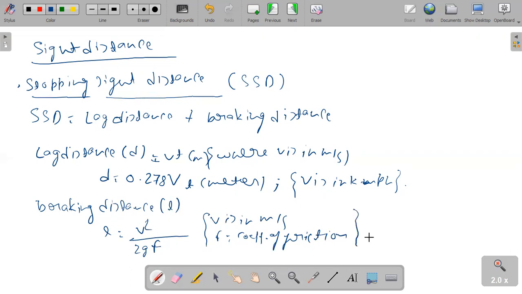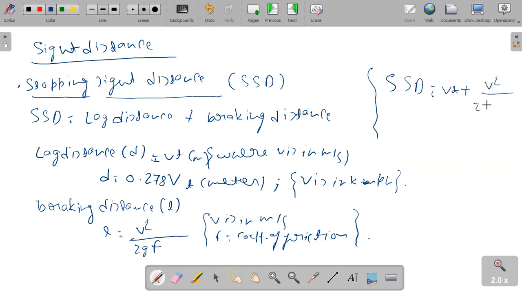There is a lot of chance that you'll get a single question from this topic, sight distance. Combining, if we write stopping sight distance, then SSD is equal to lag distance vt plus v square upon 2gf.